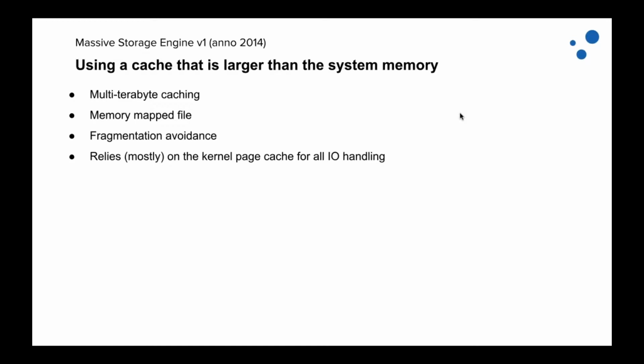What that really means is that we take the disk and present it to the Varnish Cache application as a large virtual address space, and then push it down to the kernel to determine what parts of that large file should be in system memory at any given point in time.